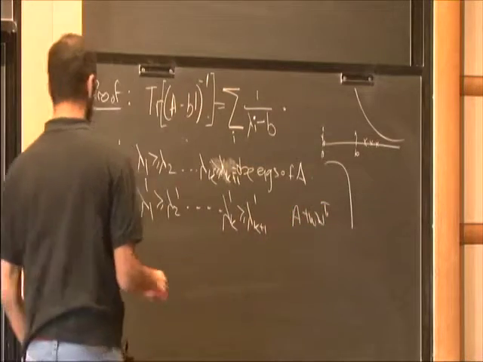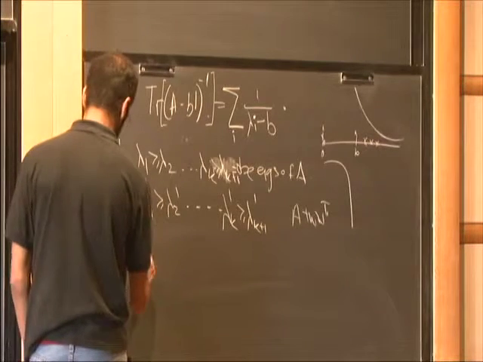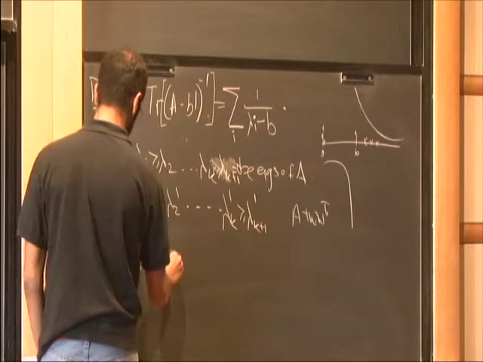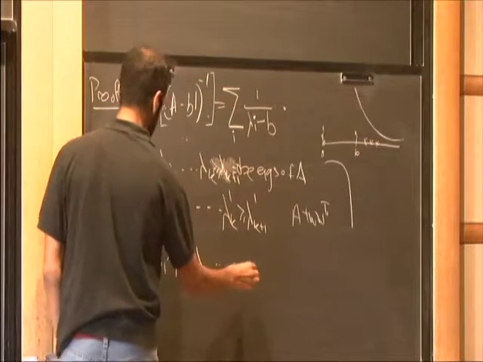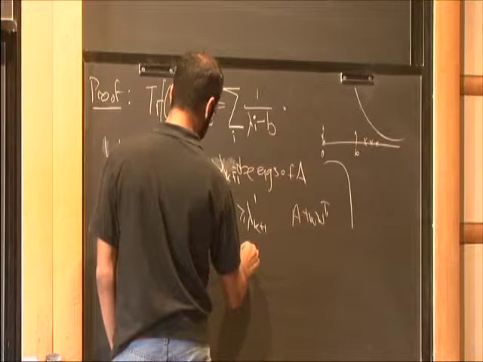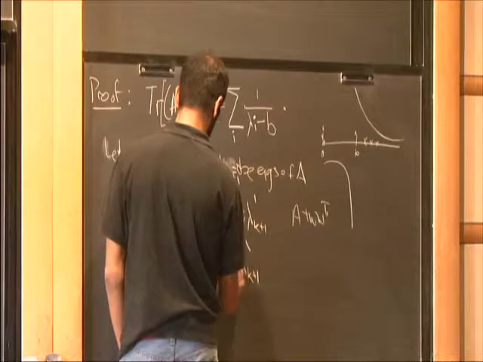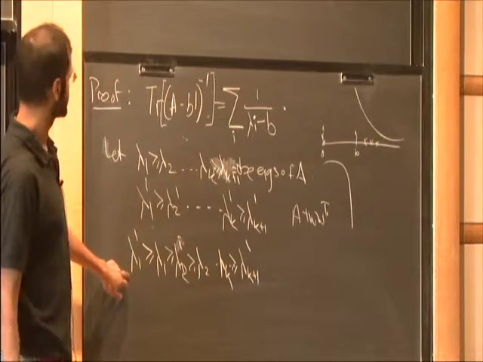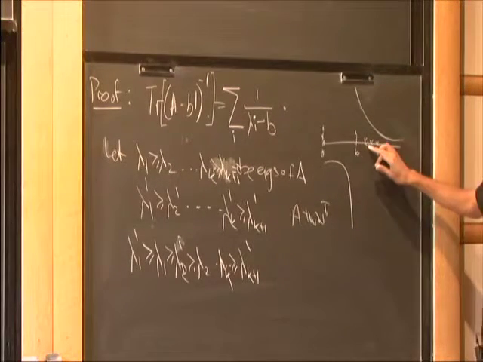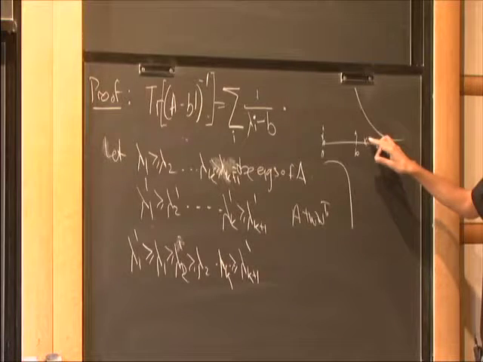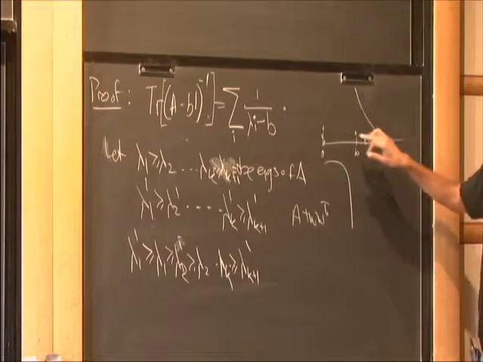So now there's this fact, which is that these eigenvalues interlace: lambda 1 prime is bigger than lambda 1, bigger than lambda 2 prime, bigger than lambda 2, and so on down to lambda k plus 1 prime. What this is telling me is that if these are the eigenvalues of A, then the eigenvalues of A plus W W transpose, the lambda primes, are all just shifted forward, and there's one more eigenvalue sitting somewhere in here.